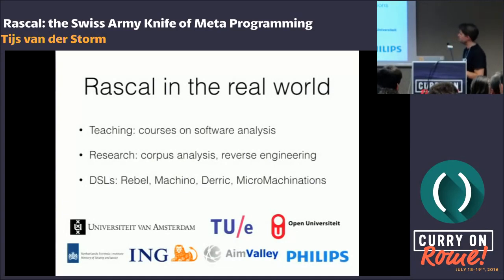A little more long ago, we had Derric, which was a DSL for digital forensics, which is actually in use at the Dutch CSI. So we're getting there, and we invite everybody to try it out. We have a Stack Overflow channel, etc. If you want to know anything, please contact me.